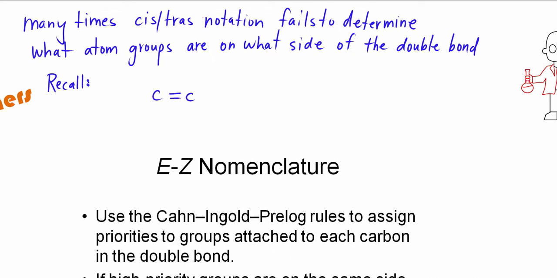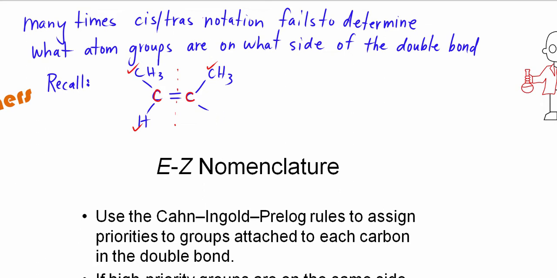We have carbon double bonded to carbon, a CH3 here and H, CH3 here and H. Recall that since we had two equivalent atom groups on both the sp2 hybridized carbons, we could compare this and this, or this and this.